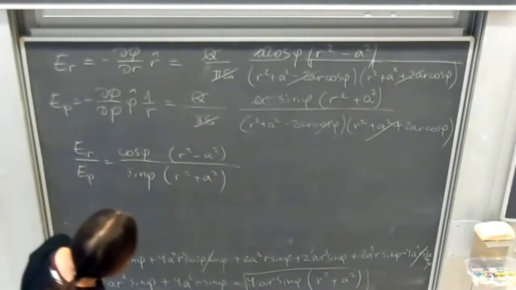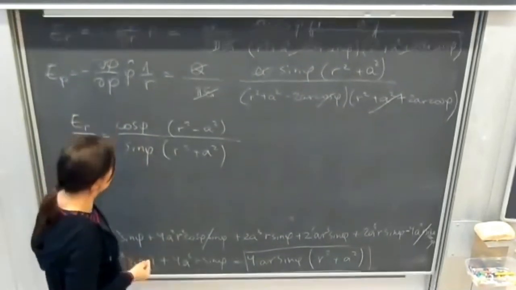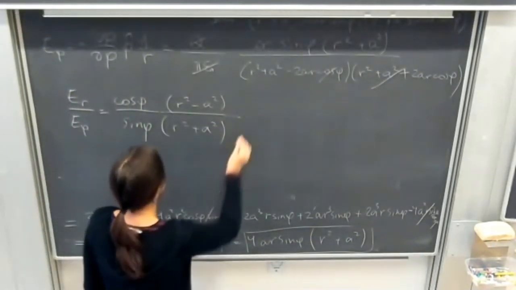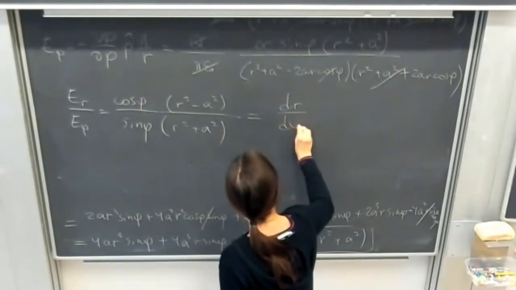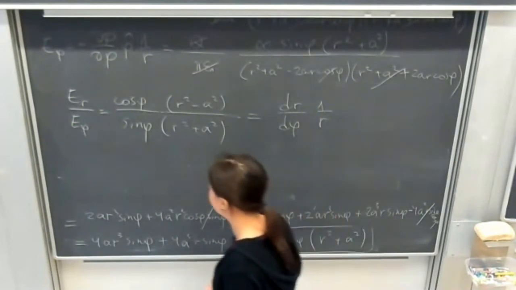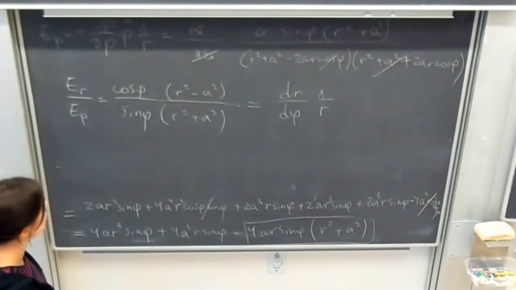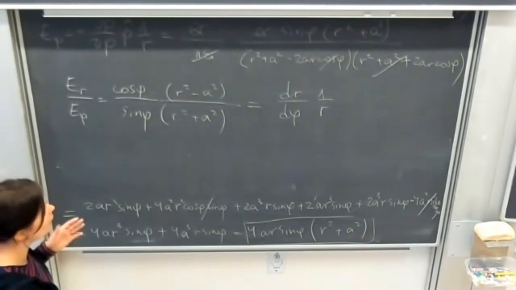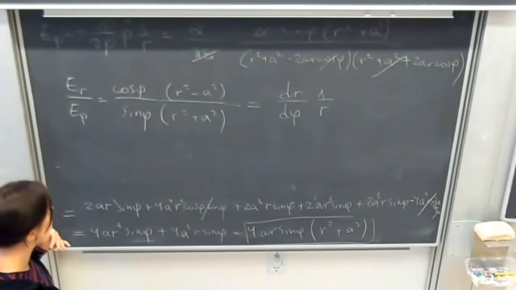This is equal to, okay, and now we simplify and bring r to one side of the equation and phi to the other.